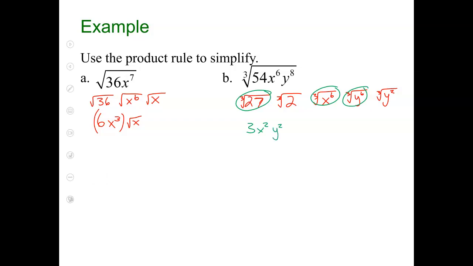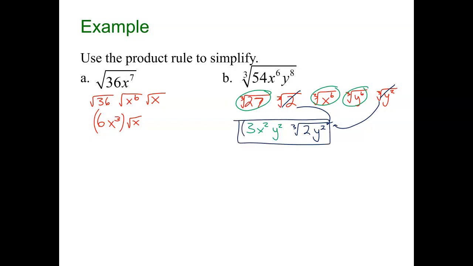And then inside the radical, what am I left with? 2y. Not y to the 6th. I turned y to the 6th into y squared, so just the y squared. Both of those go back into the radical, and there's my final answer. I'll put parentheses around that to separate the exponent from the index.